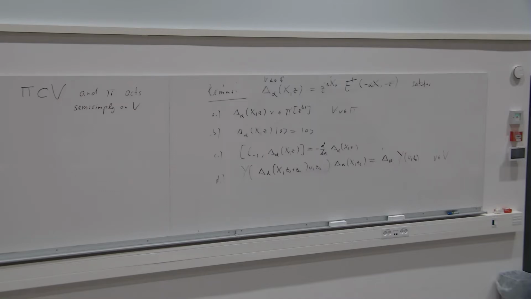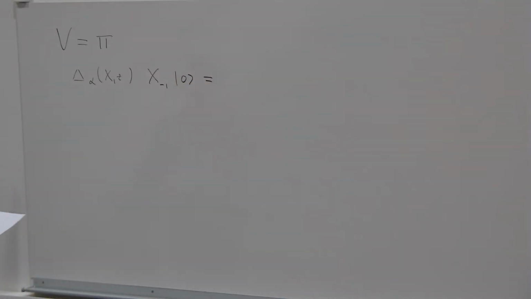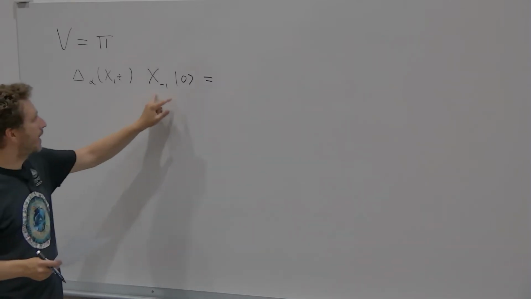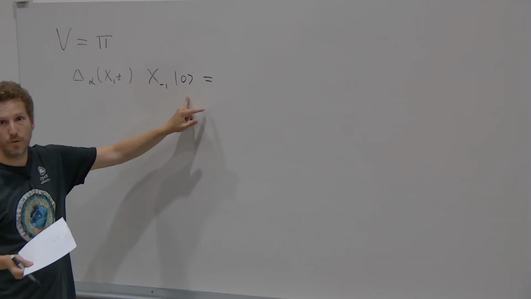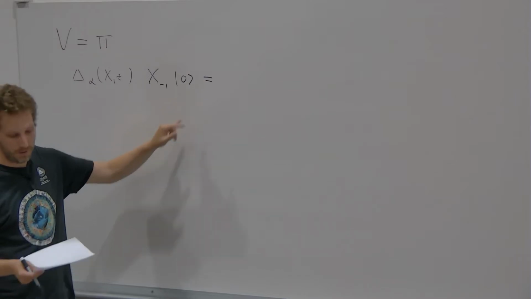So let's see what the delta operator was. It was this z to the alpha x naught, but x naught, the zero mode, acts just as zero on the whole vacuum module, so I can ignore it. And then this e plus was the exponential of this power series in the positive modes of x, and all positive modes annihilate this except the one mode. So that means this whole huge exponential truncates to two terms.